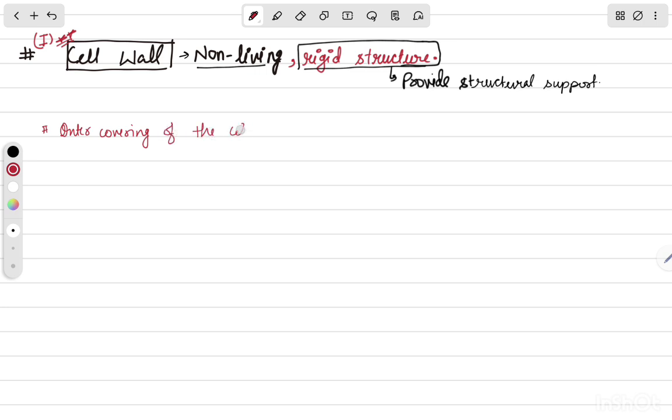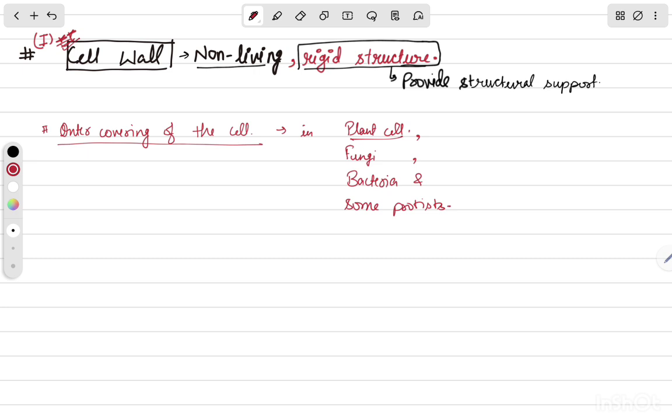Is it the outer covering of all types of cells? No. Number one, plant cell wall is the outer covering. Number two, fungal cell or fungi. Then bacteria and some of the protists. In these organisms, the cell is covered by a rigid non-living structure, that is cell wall.